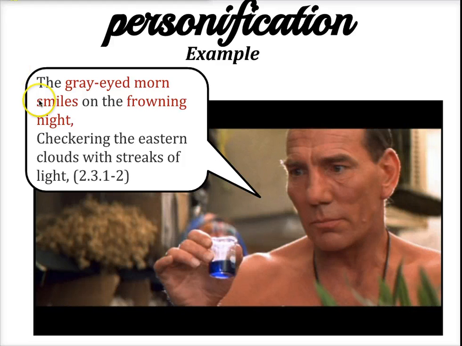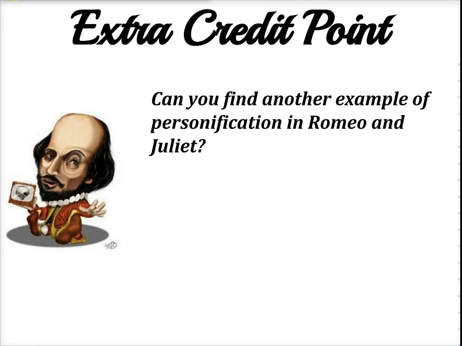Yet he's stating that it was a frowning night. So these two things, gray-eyed morn smiles and frowning night, these are examples of personification. For extra credit points, find another example of personification in the play Romeo and Juliet.